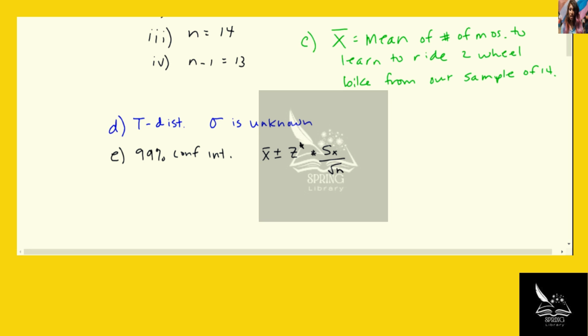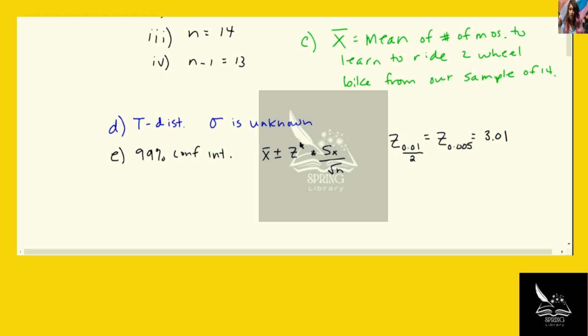So we need to identify what this z-star value is. So z of 99% means I have 0.01 in the tails, and I'm going to divide that by 2. So I want to know the z-score that marks off the top 0.5% and the bottom 0.5% of the distribution, and that comes out to be about 3.01.